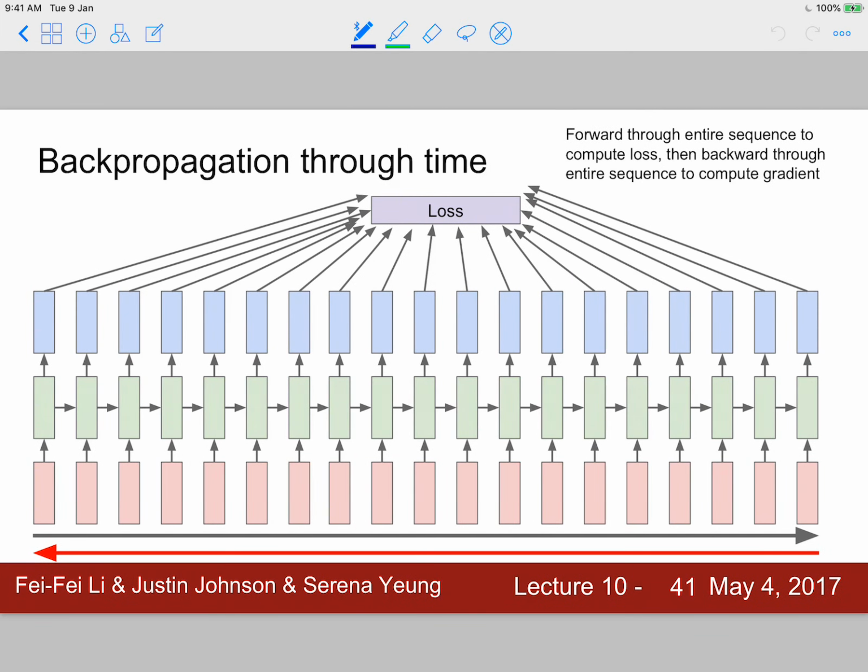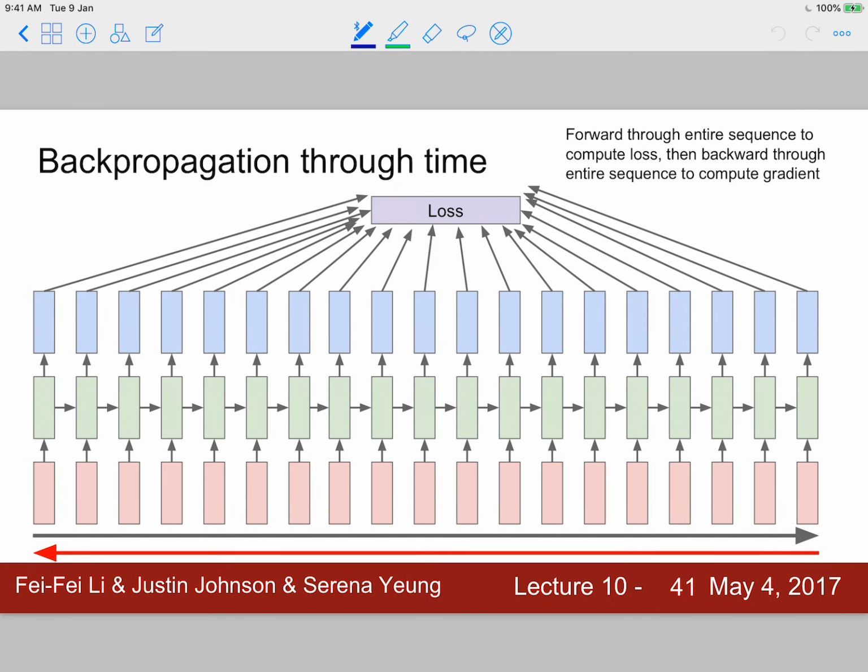Because they are just a single number, HT can be represented as tanh of a times XT plus b times HT minus 1 plus c.